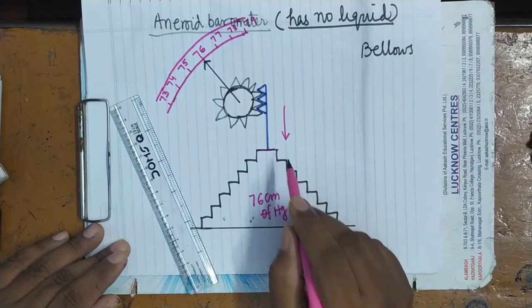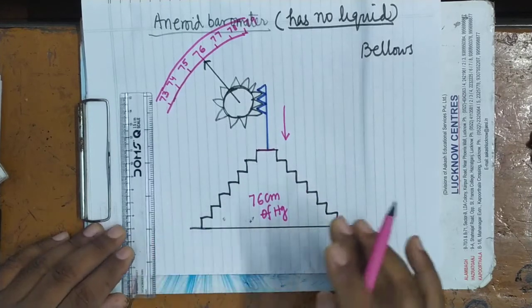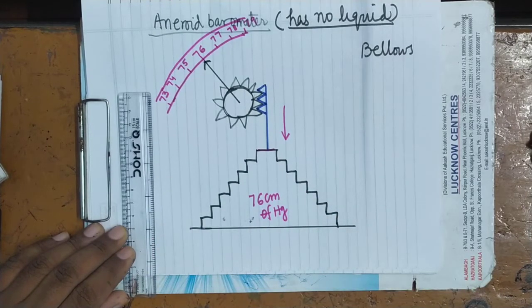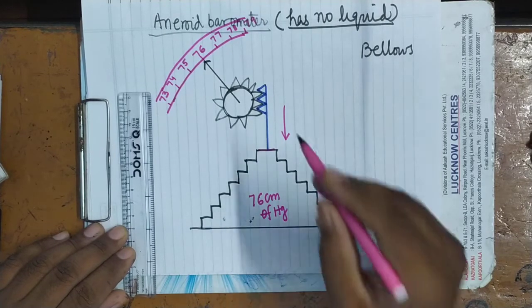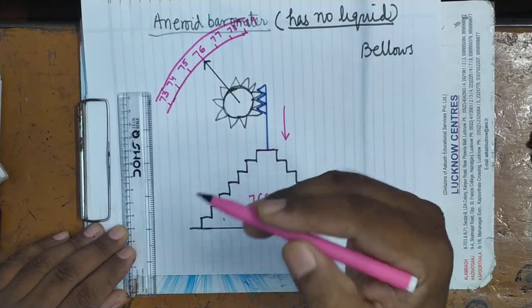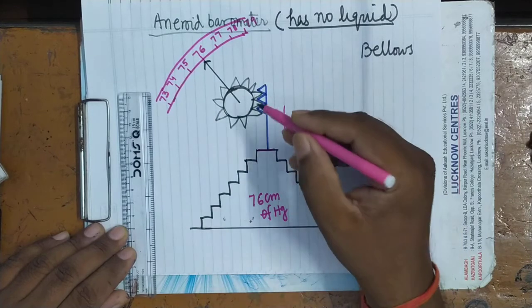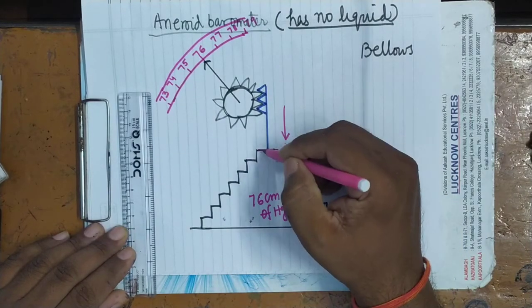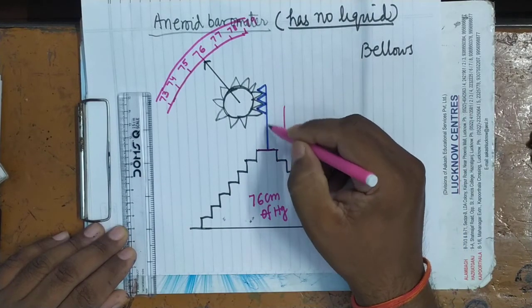Bellows means it is a box made of folded thick paper. So when the pressure becomes more than 76 centimeter of mercury column, this box made of bellows will compress, and the rod attached to its top will move down.